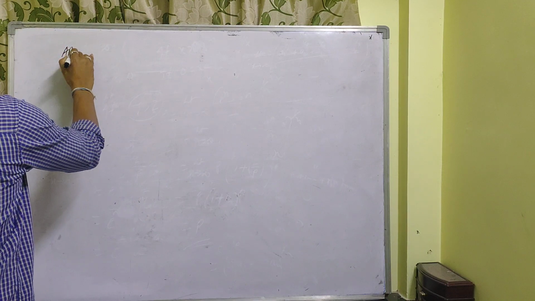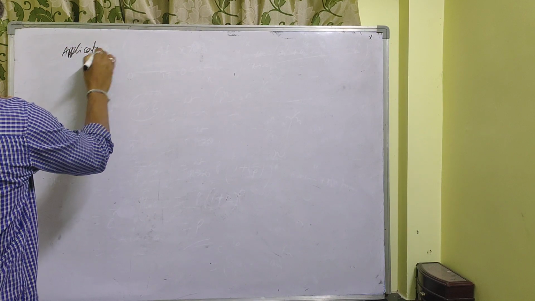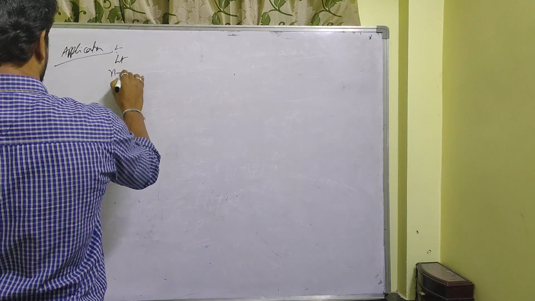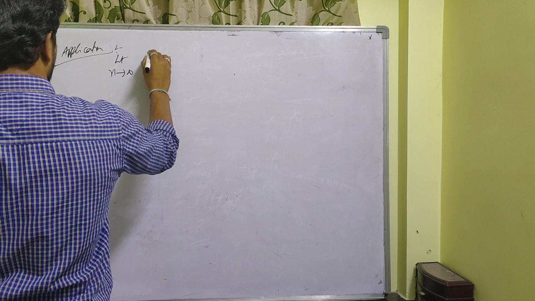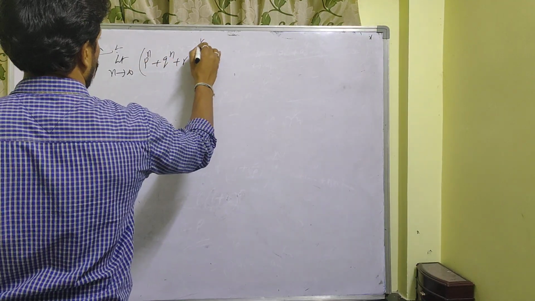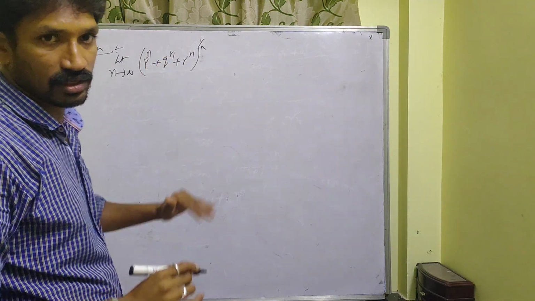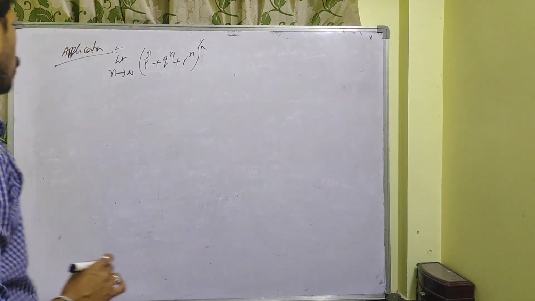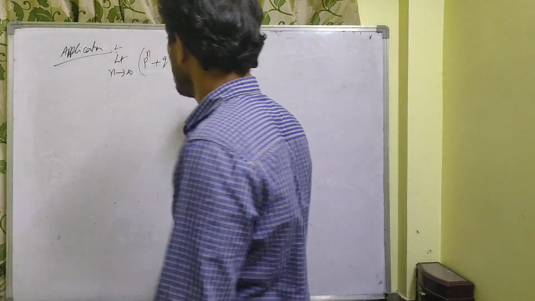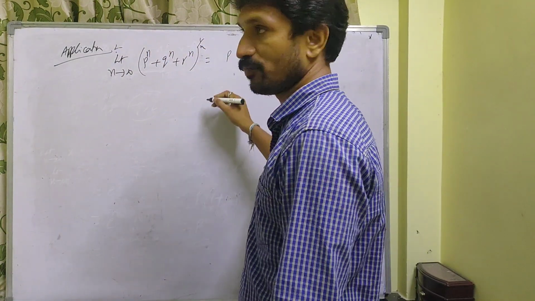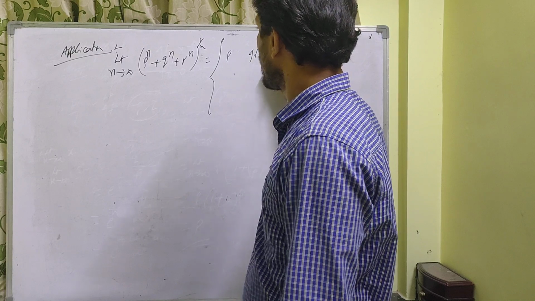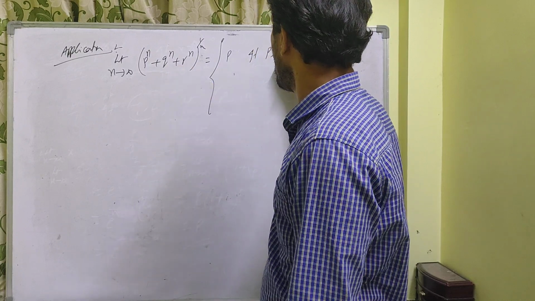On application: the limit as n tends to infinity of (p power n plus q power n plus r power n) whole power 1 by n, whatever the number of terms may be, that is not important. If it is a structure like this, this value is equal to p if p is greater than both q and r.